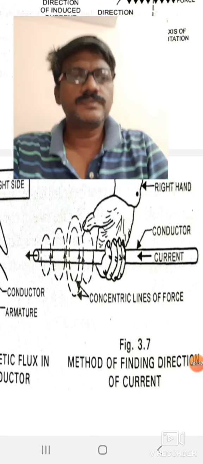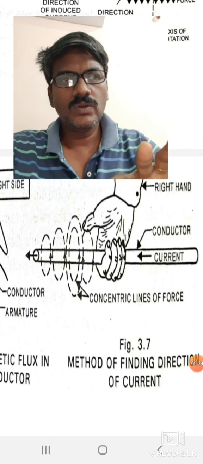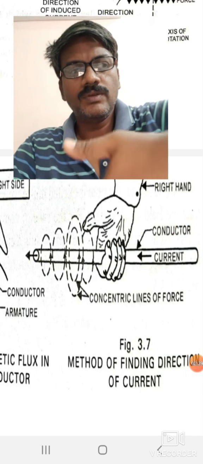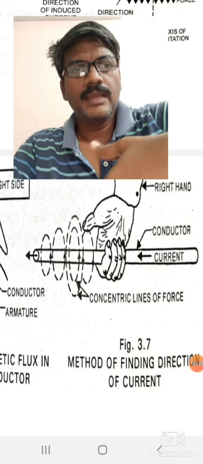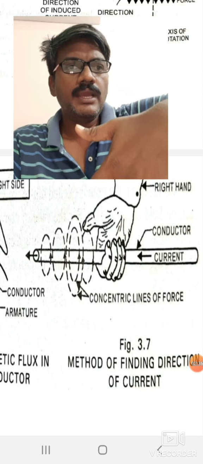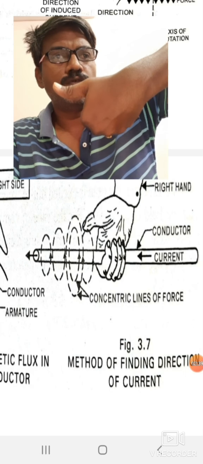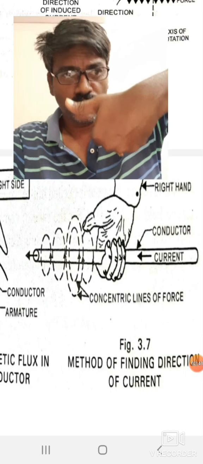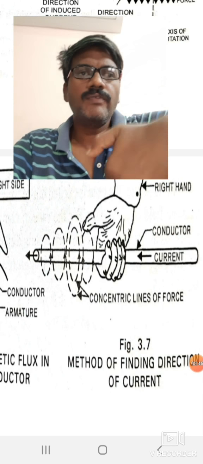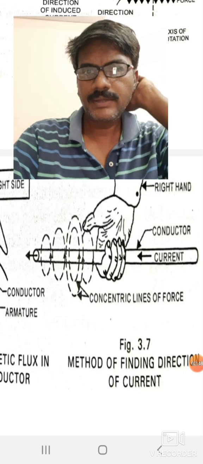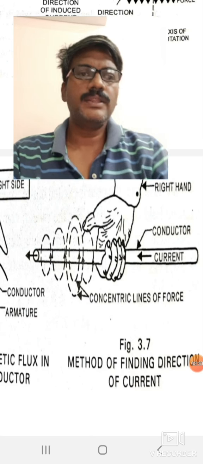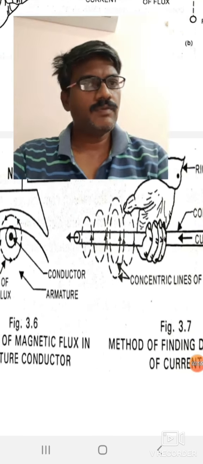So the right hand rule: holding the conductor in your right hand, with the thumb in the direction of the current, the remaining four fingers give the direction of the magnetic field. By using this principle, we can find the direction of the magnetic field.